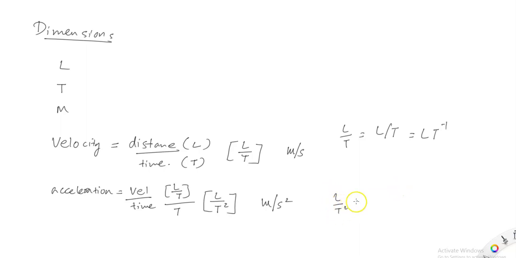L over t squared can be written as L T to the power minus 2. The unit can be written as m s to the minus 2. This can be written as m s to the minus 1, right? So again, coming back to the dimensions, this is how we find the dimensions and why it's significant.